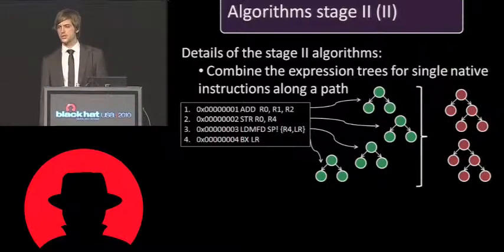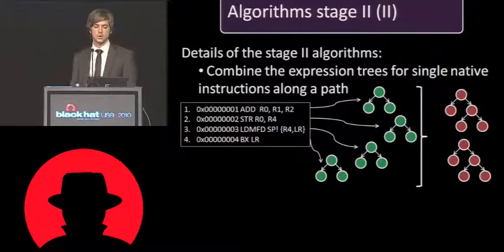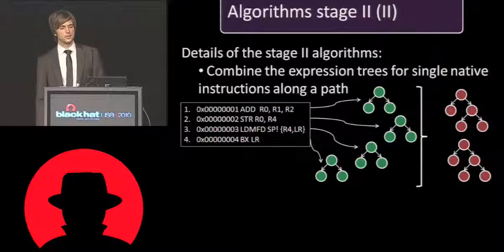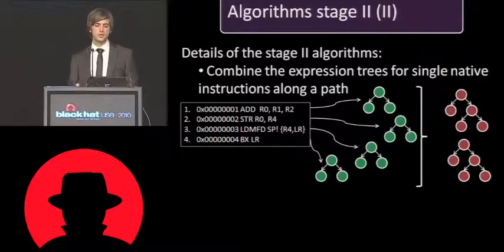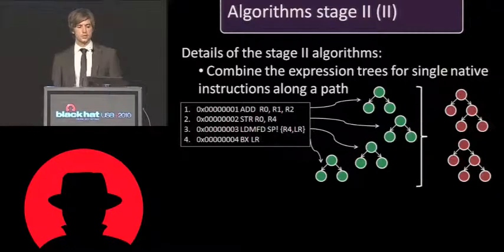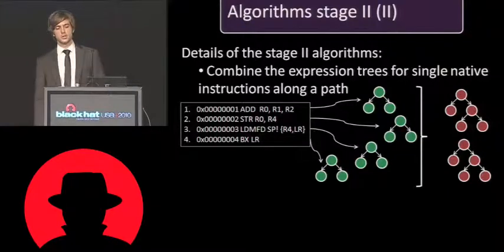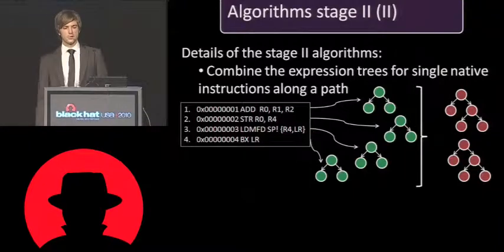To combine expression trees for single native instructions along a path, you can look at the example that I've just put on the slide. What you can see here is that we have 4 very simple instructions, where the first instruction basically adds R1 and R2 into R0, and then R0 is stored in R4.